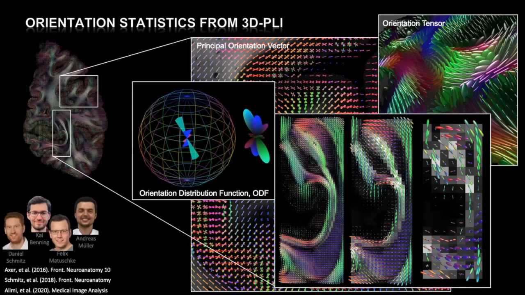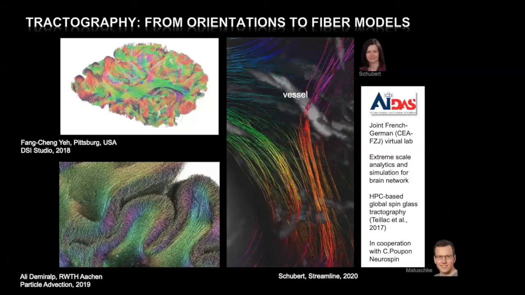So this kind of orientation statistics is always available for all of our data sets, and it also allowed us to do very first kinds of tractographic applications. And this is shown here.